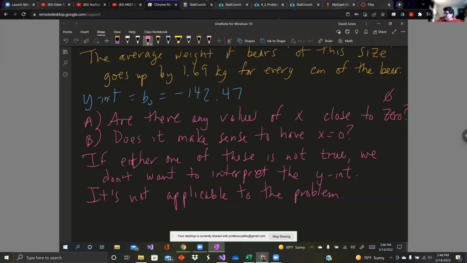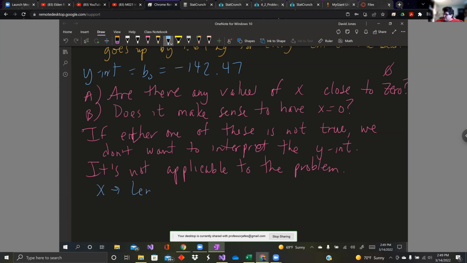And let's take a look at how that relates to our bears. Our bears, our X was our length, and our Y values were our weights. Does a bear of 0 length make sense?